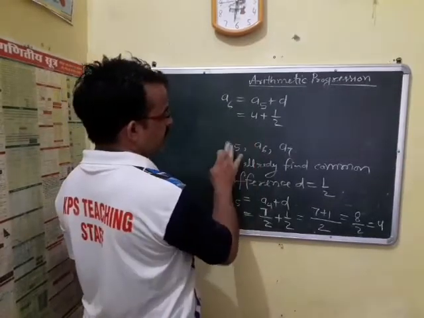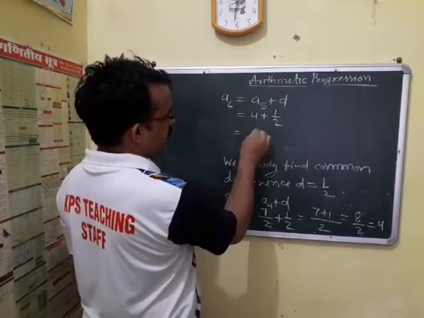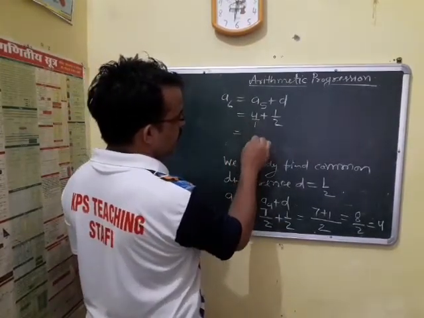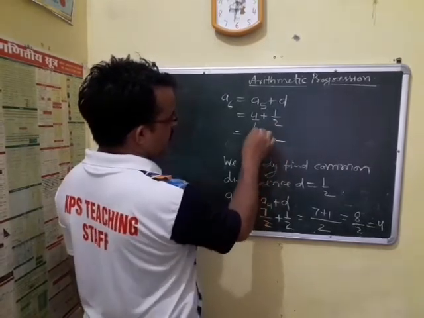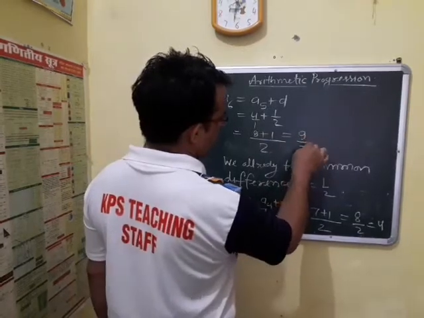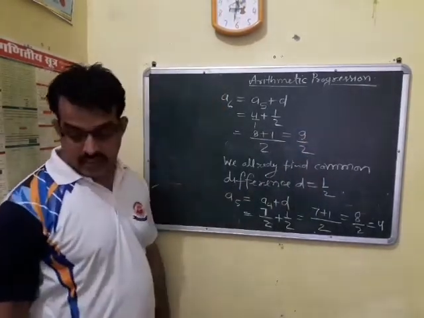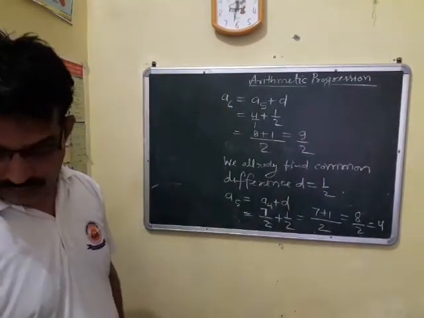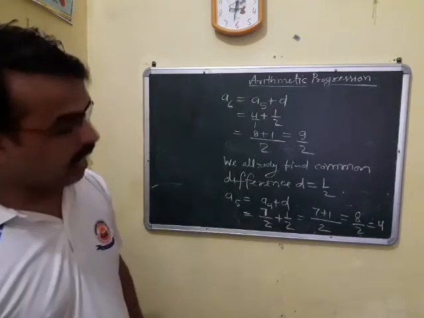Now we solve that. The LCM is 2: 8 plus 1 gives 9 by 2. A6 is 9 by 2. Clear?